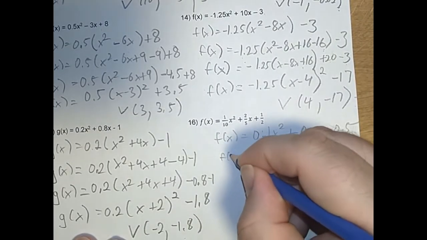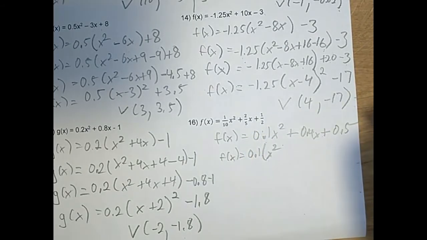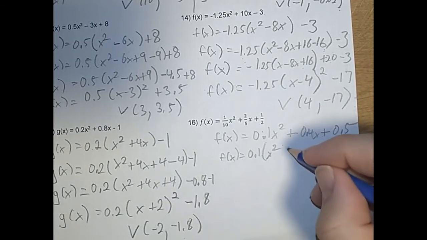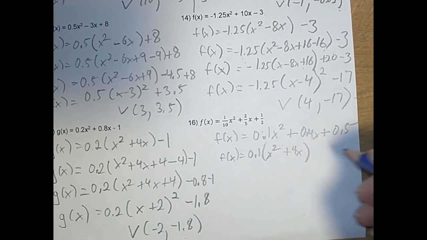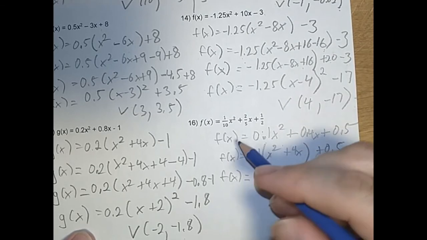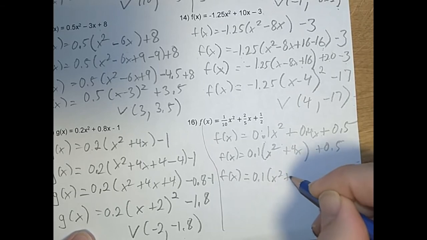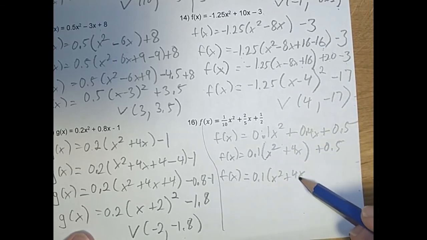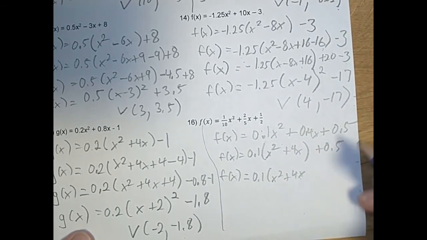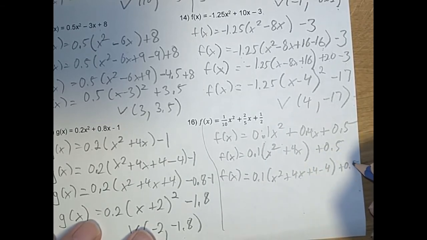So f of x equals 0.1 in the bracket, x squared plus 0.4 divided by 0.1, which is 4x, plus 0.5. For x squared plus 4x, I take the 4 divided by 2, which is 2. 2 squared is 4. So plus 4, subtract 4, and then plus 0.5.